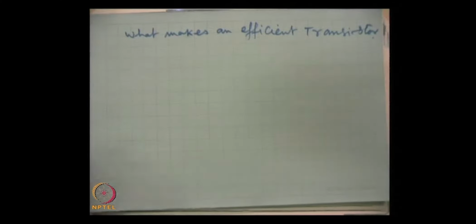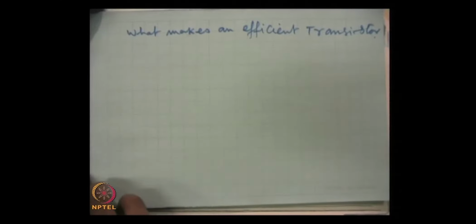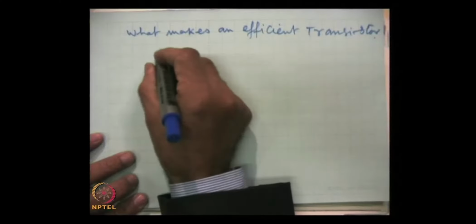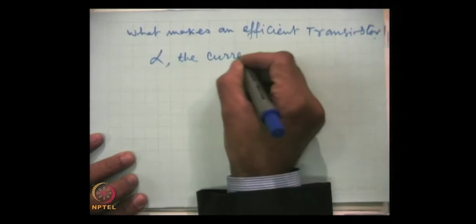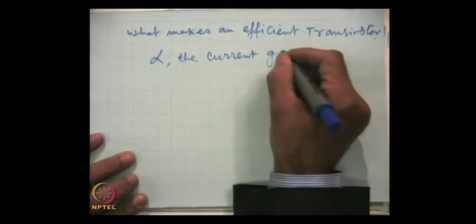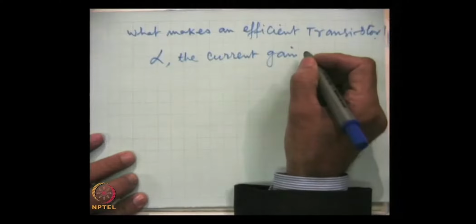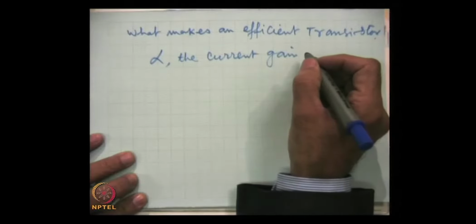Current gain alpha is fundamental, and all effort should be to make alpha, the current gain, as near unity as possible.